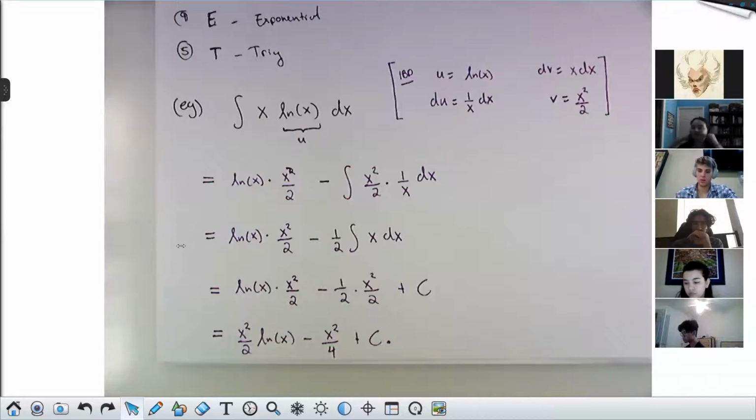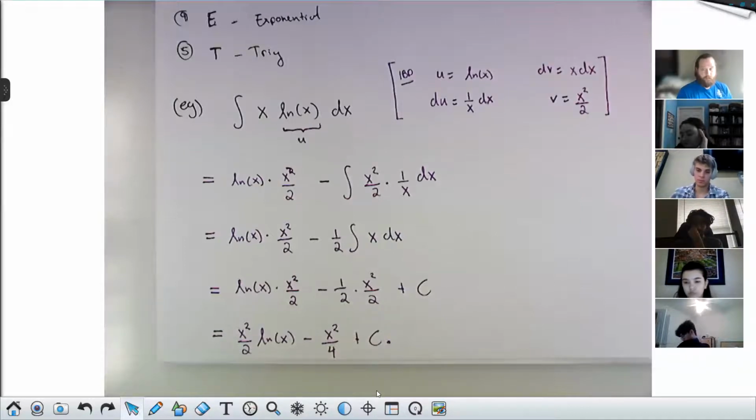Yeah, so we're pretty evenly split here, 35%, 65%, 65% say false, and that's the correct answer. So the correct answer here is false. The integral of 1 over x is ln of x, but the integral of ln of x is not 1 over x.